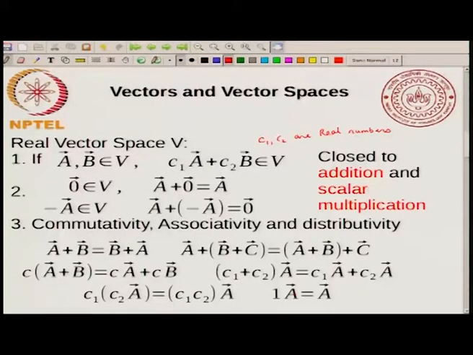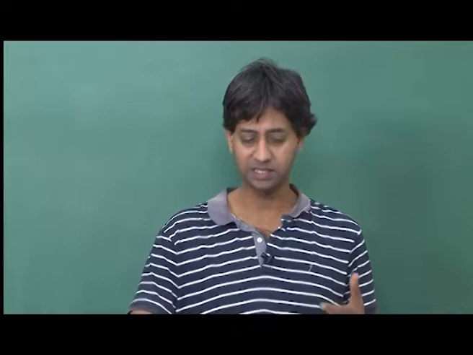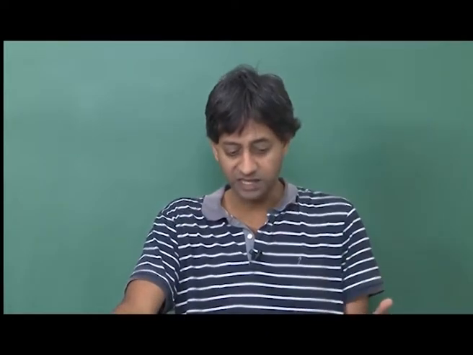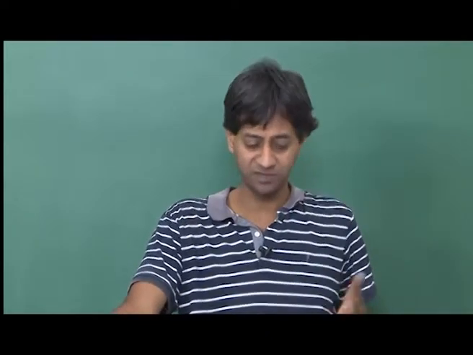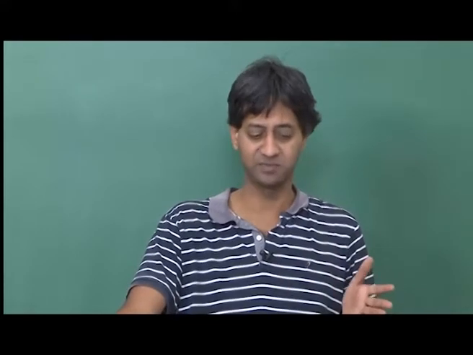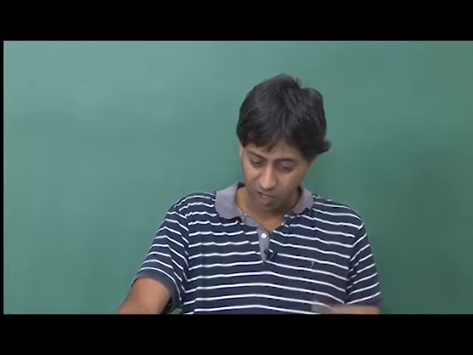So why I want to go through this is that these kind of things are very obvious when you are dealing with vectors in 3-dimensional space, but in a lot of different areas you will see vectors that are not necessarily vectors in 3-dimensional space.